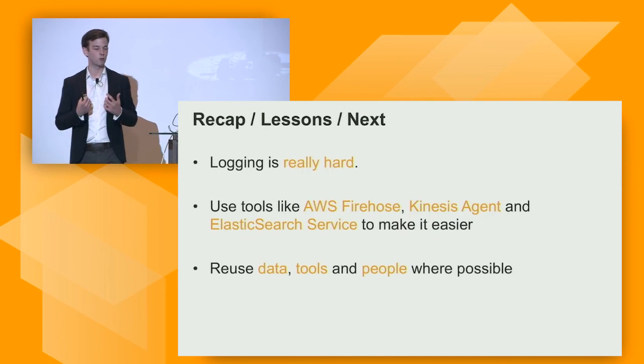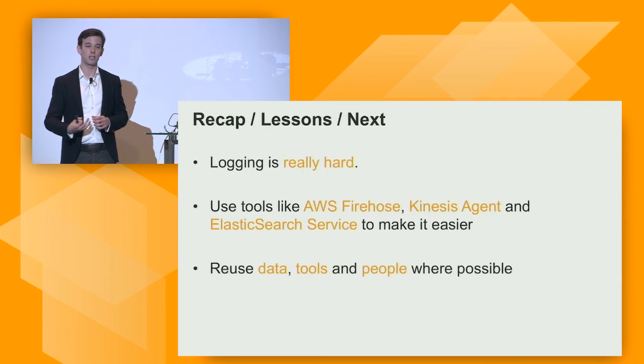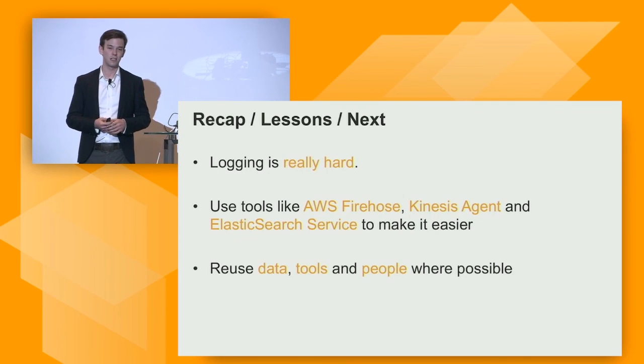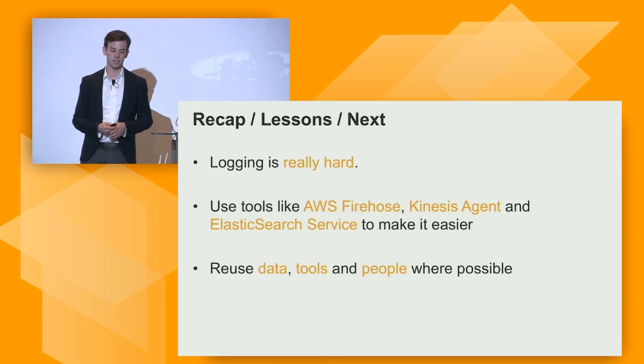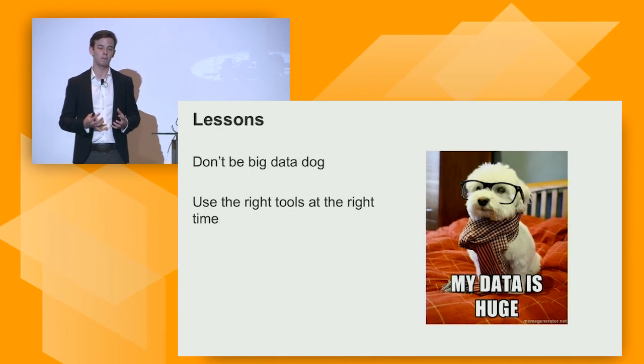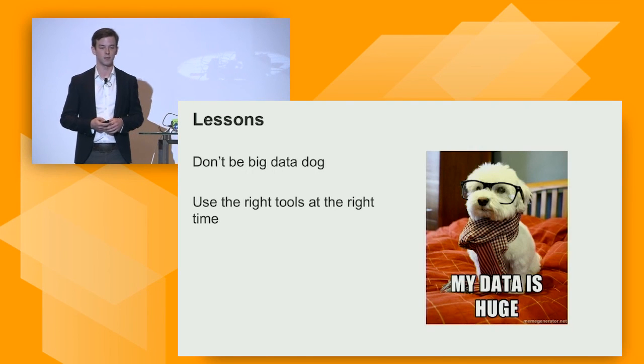But where you can, you should reuse the data, so send to multiple Firehose endpoints at once. Reuse the tools if you already have visualization tools, endpoints, things like that, and reuse the people. Don't think just because you're moving to Kibana, you get rid of your data science group. And please, again, don't be big data dog. Use your time cleverly and know what you actually need to do.